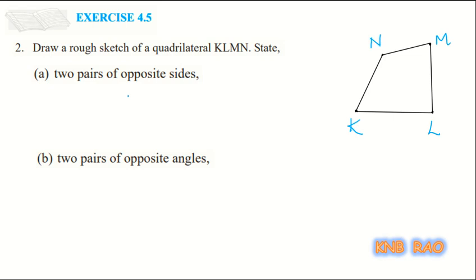Now 2 pairs of opposite sides. In this, KL is opposite to NM, this is one pair. Another pair, LM is opposite to KN. This is the second pair.